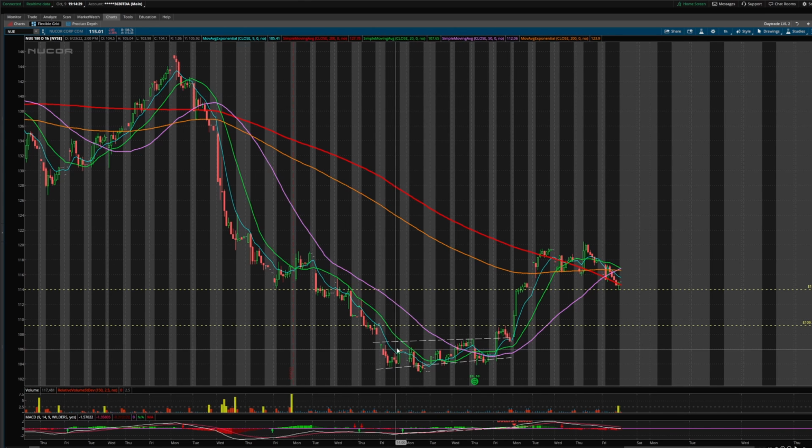So NUE had been selling off and then started moving sideways here in this little price consolidation. You can call this a rectangular consolidation, or a box, whatever you want to call it. The idea with this price structure is NUE was either going to break above the box and go higher, or break under the box and go lower.